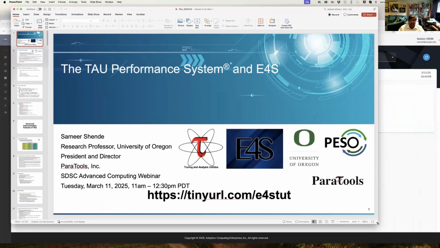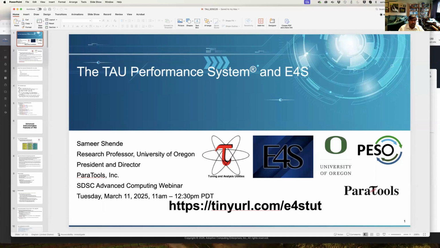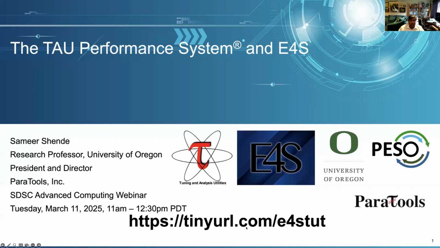Today, my talk will focus on the Tau performance system and E4S. This is the URL, tinyurl.com/E4S tut. I have set up an AWS cluster. It's ambitious. I hope we get to do hands-on with a demo at least and show you how to use Tau with an HPC application. We have compute nodes. We have login nodes where each of you can have your own separate home directories and launch Tau.